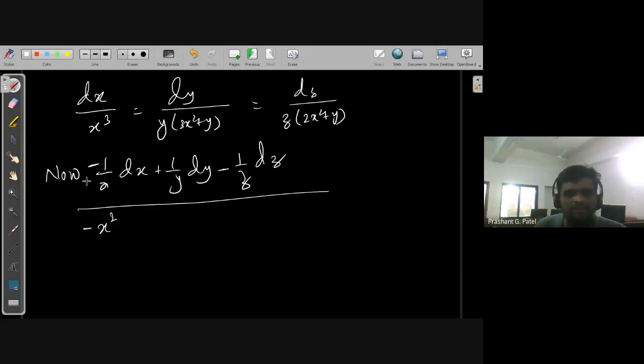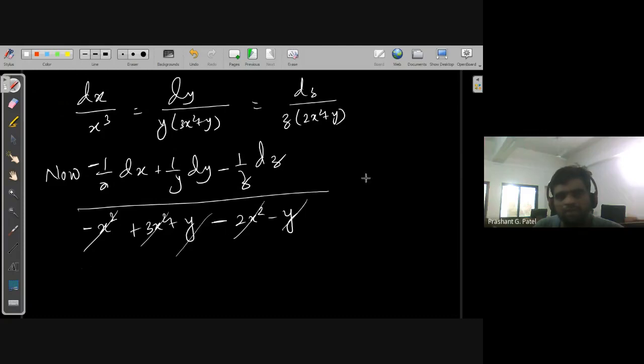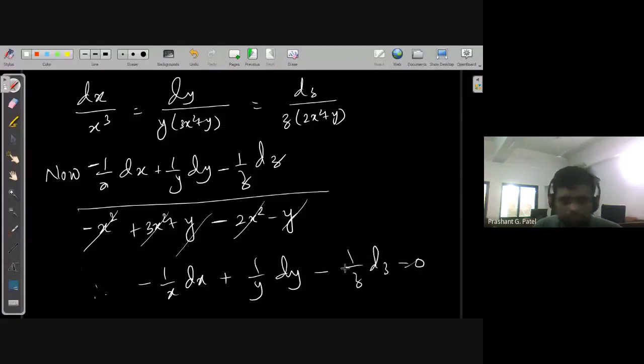So this is minus x square. This will be a plus sign, that is 3x square plus y, and the minus sign is here, minus 2x square minus y. So just check that this 2x square and this 3x square will get cancelled. Y also gets cancelled. So you get minus 1 upon x dx plus 1 upon y dy minus 1 upon z dz is equal to 0.